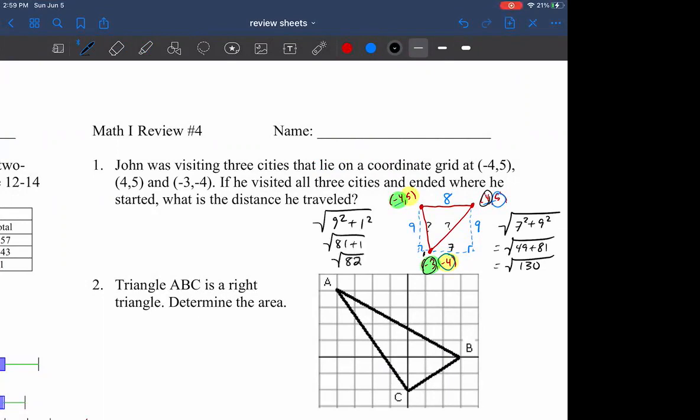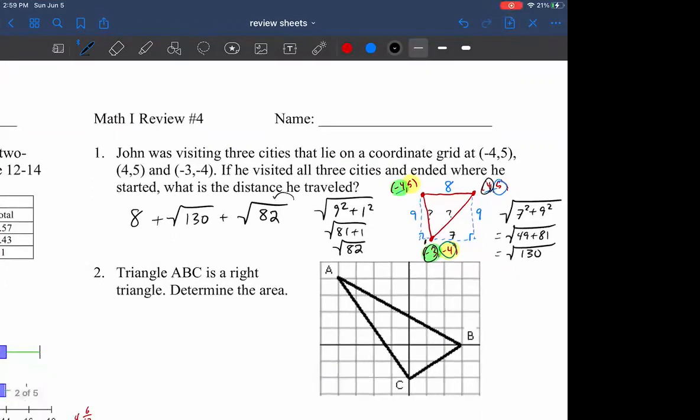So we have the square root of 82. The 3 numbers on these sides are 8 across the top, the square root of 130, and the square root of 82. I don't believe any of those simplify very well, so we're just going to leave it like that.